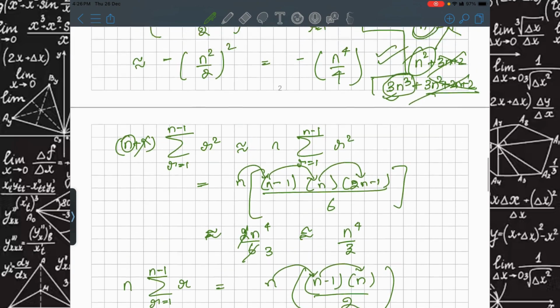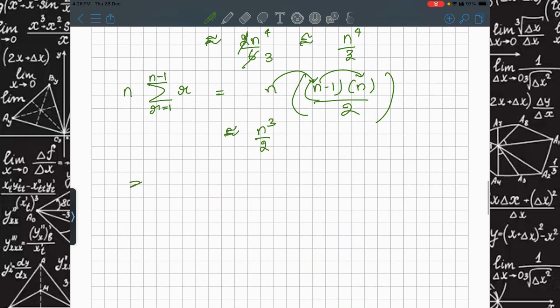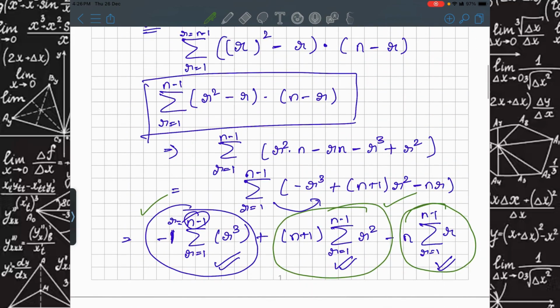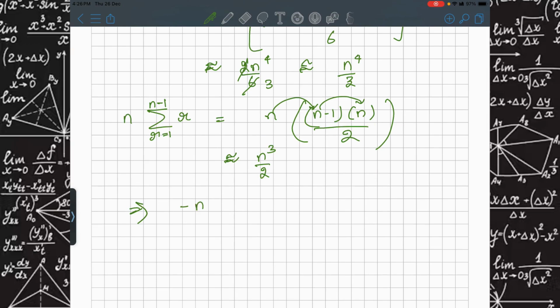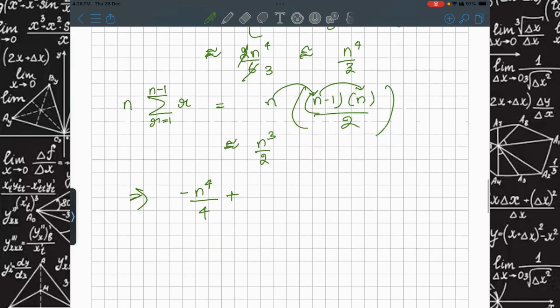Okay, so we got the terms for these things, and the main thing is, if you are writing, just write the equation in this form itself. So what you will be getting: minus n power 4 divided by 4 plus n power 4 by 3 plus n cube by 2. Okay, this is the simplification.